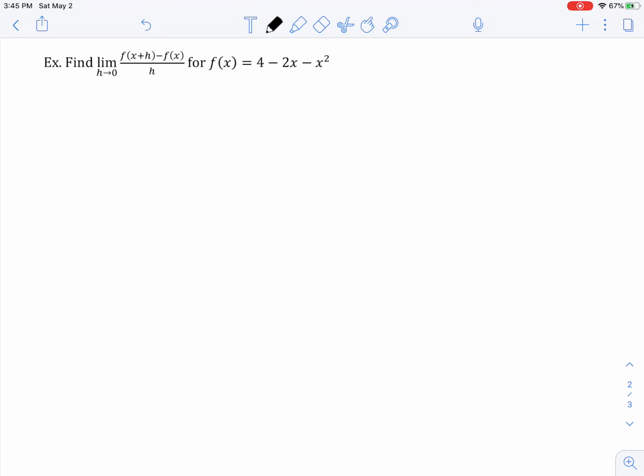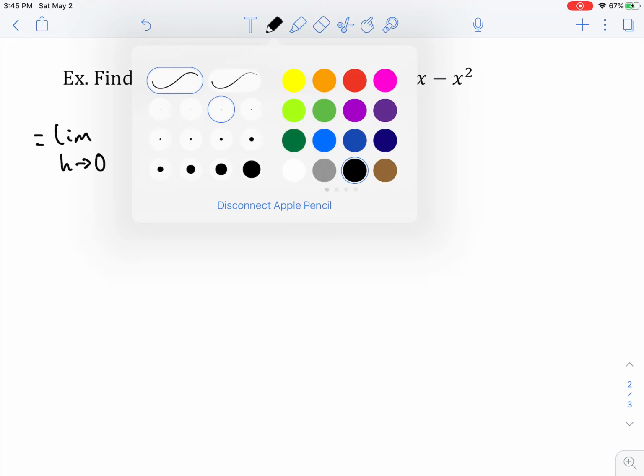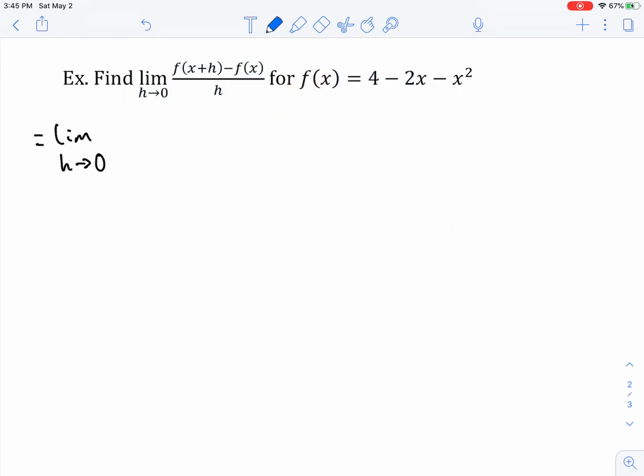Okay, so stretch out your hands because we're going to be doing some writing here. All right, so let's take a quick look. We've got the limit as h approaches 0 of the following. And let me just zoom in on this a little bit. I'm going to have to probably use some colors here. So let's go ahead and use blue for this portion. Let's look at what f of x plus h gives us.